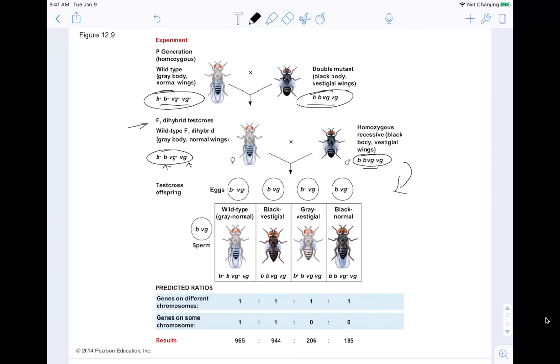The actual results show a much higher prevalence of the wild type normal gray body and the black body with vestigial wings than there are of the gray vestigial and the black normal. So these two greatly outweigh, right? This means that the genes must be on the same chromosome.